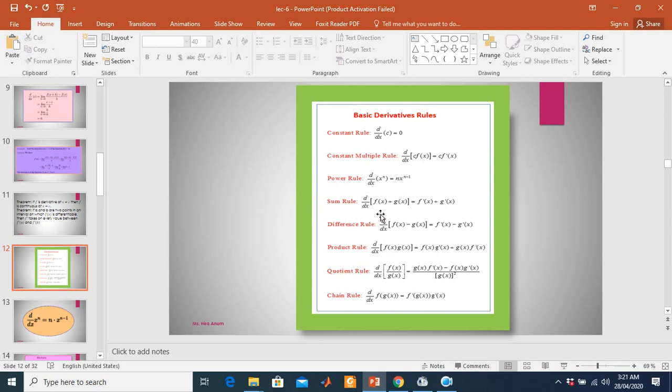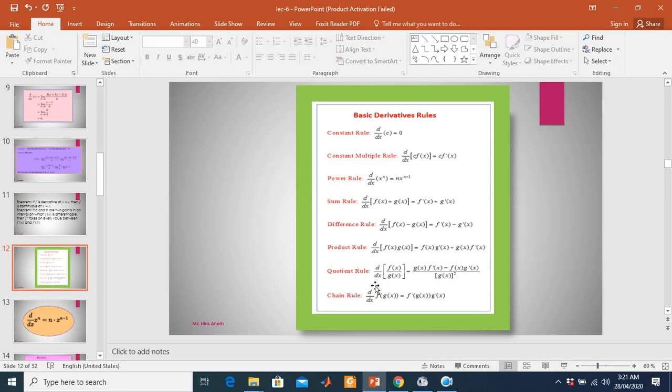Sum rule: d over dx of f of x plus g of x equals f prime of x plus g prime of x. Difference rule: d over dx of f of x minus g of x equals f prime of x minus g prime of x. Product rule: d over dx of f of x times g of x equals f of x g prime of x plus g of x f prime of x.